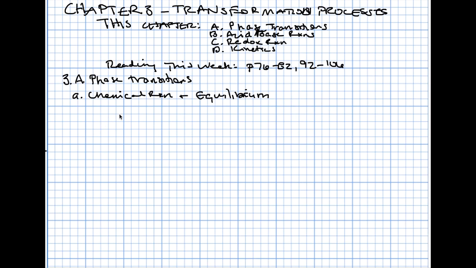So an elementary reaction means that the reactants that are participating in the reaction react with each other as shown by the stoichiometry of the reaction.